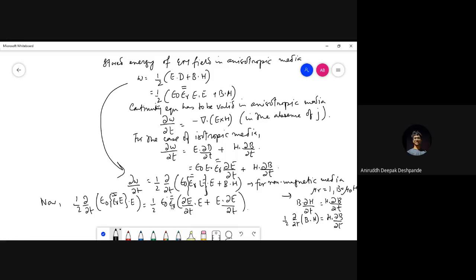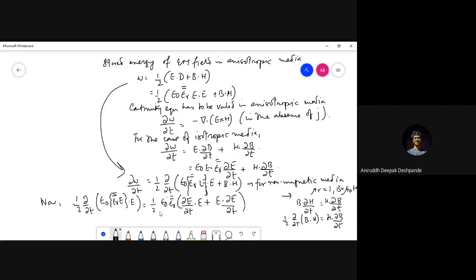The brackets on the left hand side seem wrong. Here it should be epsilon r del E del T in brackets, dot E. So you're saying this one, but it's the same, no? I'm saying this tensor is operating on this one only, and on this one.